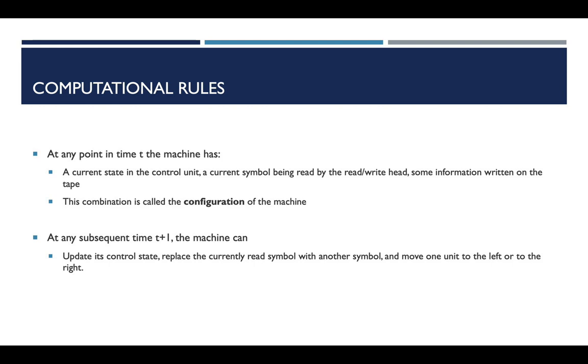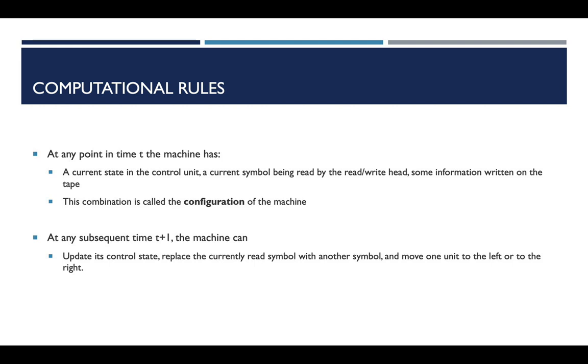We can then replace the symbol that is currently pointed to by the read-write head. We can replace it with itself, that is, do nothing at all, or we can replace it with whatever tape symbol the transition function allows.